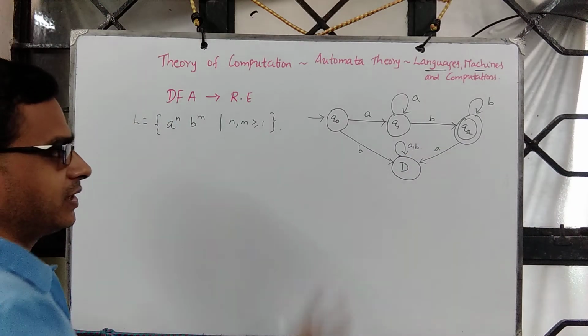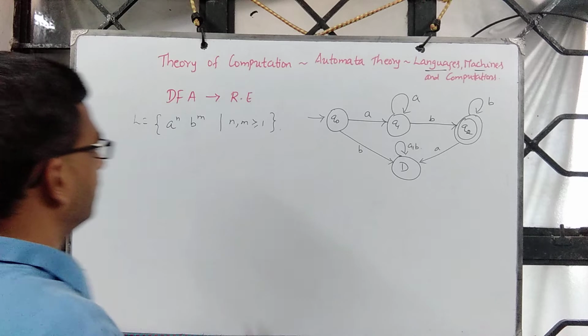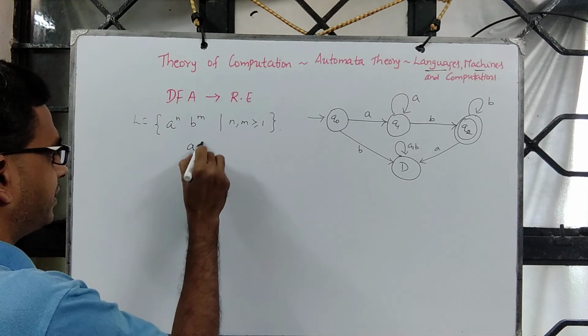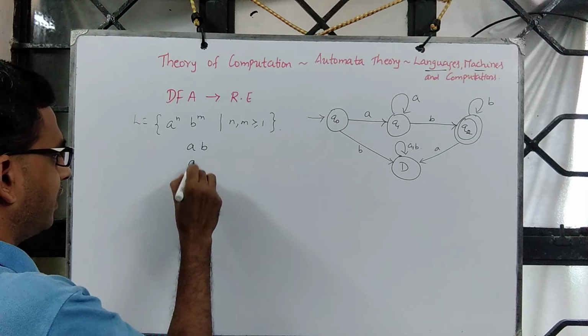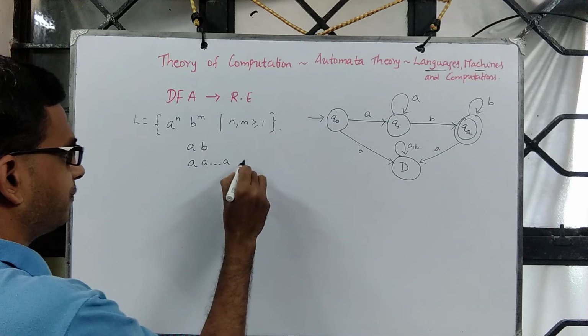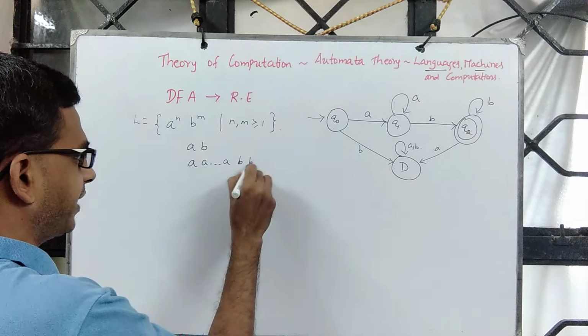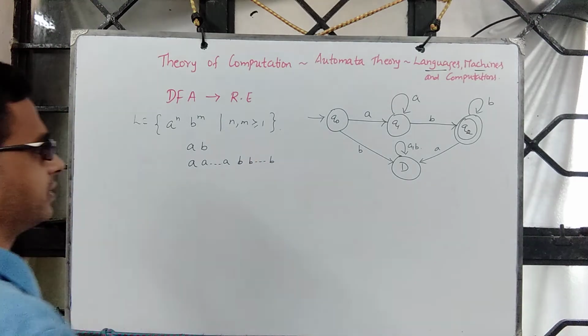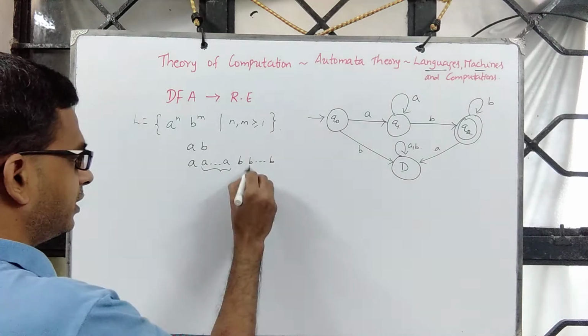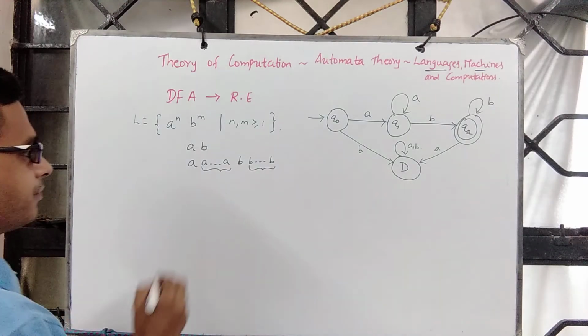Now, the regular expression corresponding to this: if you look at any string over here, the base string is AB, or it is A followed by a sequence of A's, B followed by a sequence of B's. So 0 or more A's, 0 or more B's.